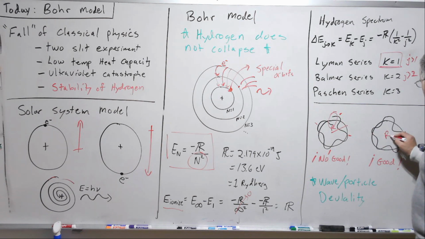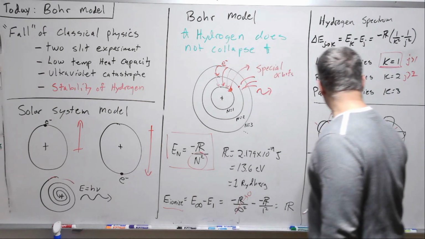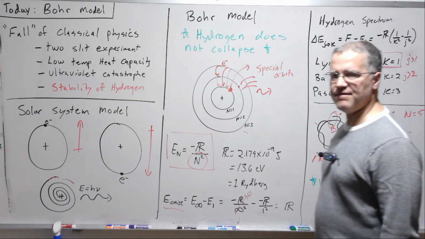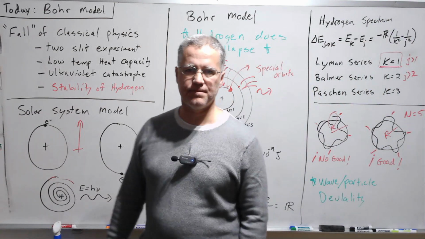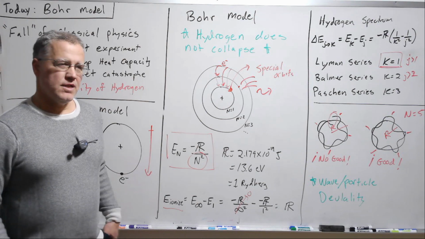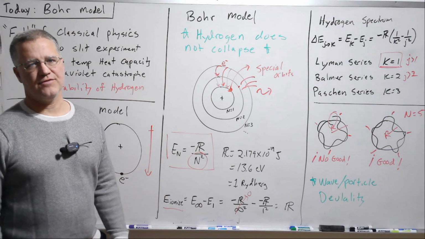But if we have a special radius, we do. In this particular case, here's one wavelength, here's another, 2, 3, 4, 5. So this would be the n equals 5 special radius, special orbit. And so that works. And so we say, okay, well, then I guess electrons are waves.